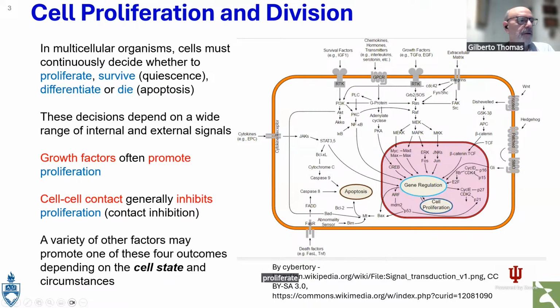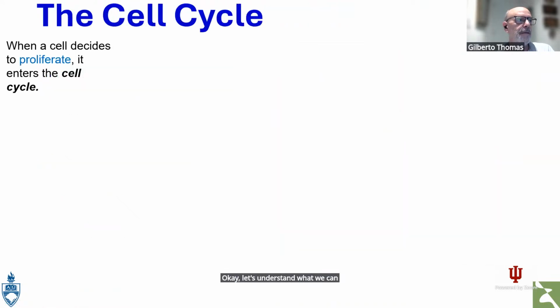And we have a variety of other factors that can promote these 4 outcomes. And each one of these outcomes depends on the state of the cell. Okay, let's understand what we mean by cell state.